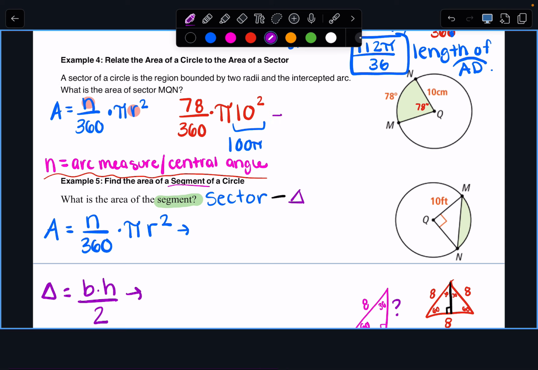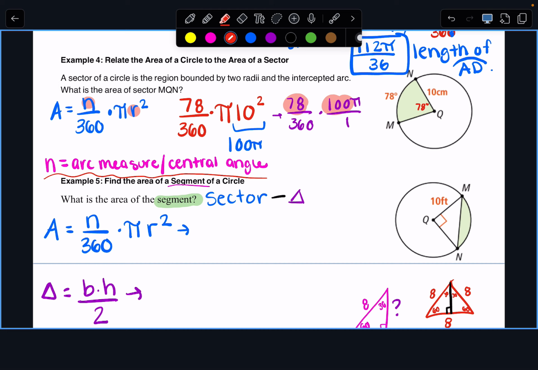All right, last step. We're just going to times our numbers on top. So 100 pi over 1, and we're going to times that by 78 over 360. Again, we want to leave pi in our answer, so we're really just timesing those two numbers that I highlighted.